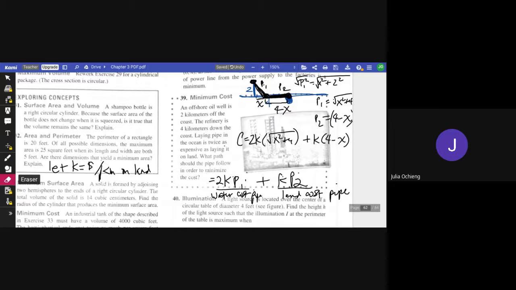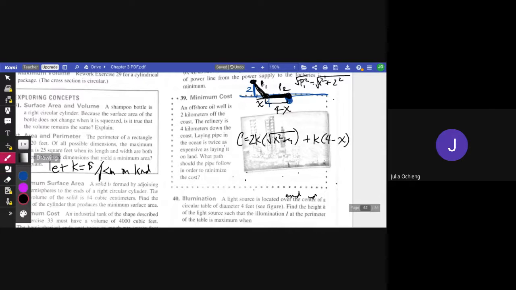And I'm going to just erase this down here just to have more space to work with. All right, so this is my cost of my pipeline. And so I want to minimize this.